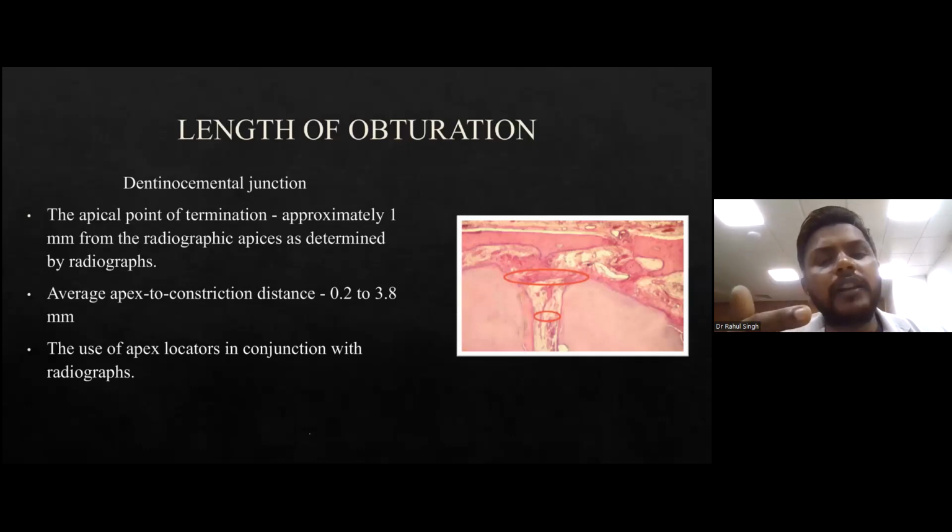The buccal or lingual wall will obscure that opening, so it will appear as if it is 2 mm short, but in actuality you are correct. So always rely on your apex locator and use your radiographs as an adjunct.